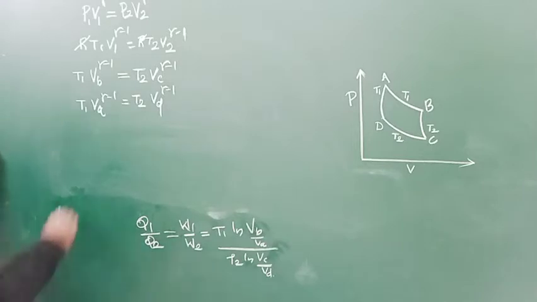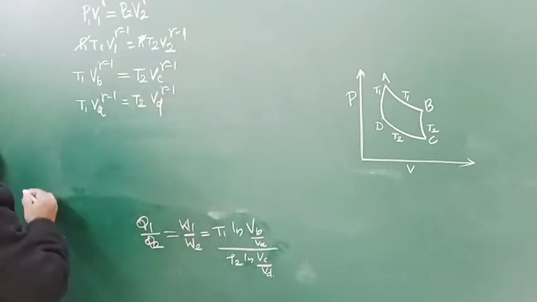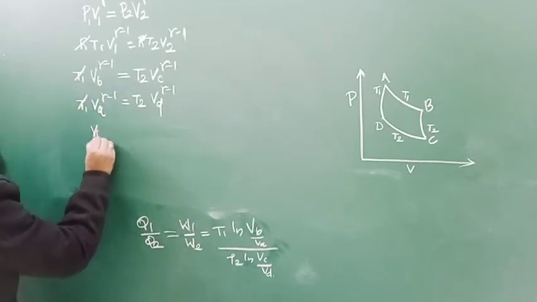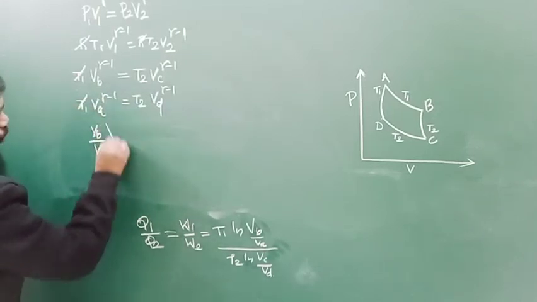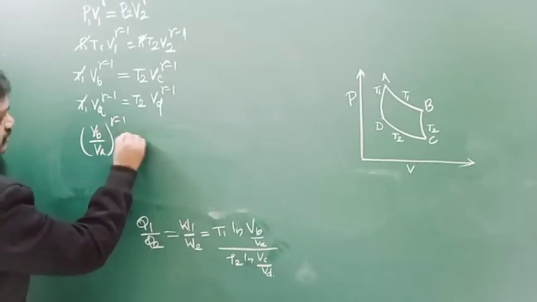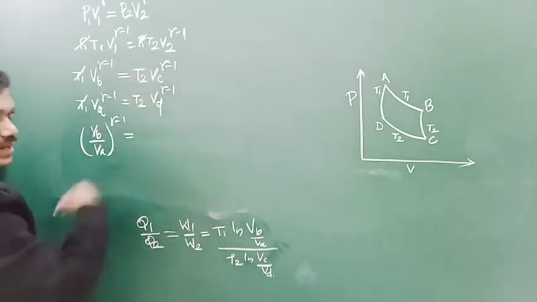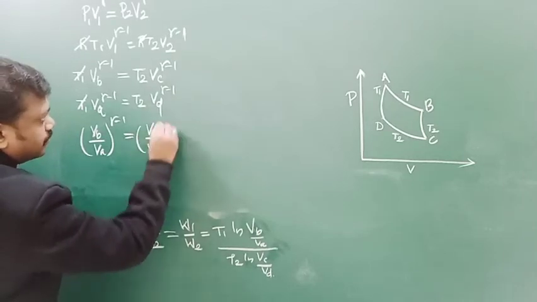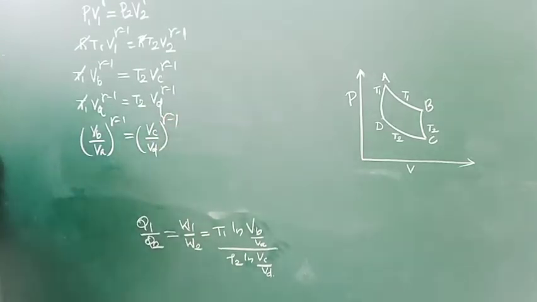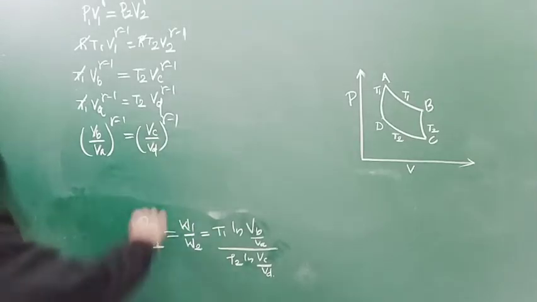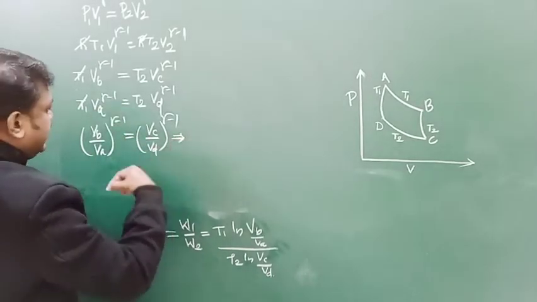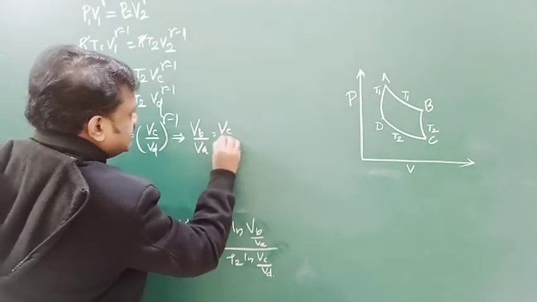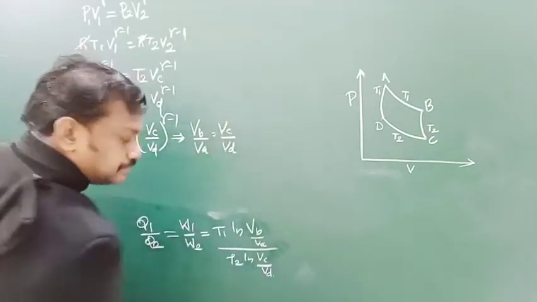When you take the ratio of these two equations, on the left hand side T1 and T1 cancel, giving VB by VA whole power gamma minus 1 equal to VC by VD whole power gamma minus 1, since T2 and T2 cancel. So VB by VA is equal to VC by VD.